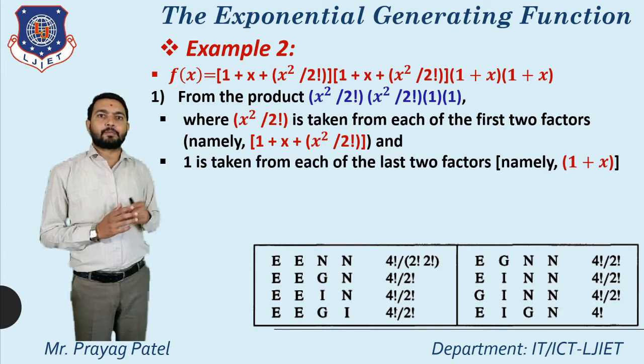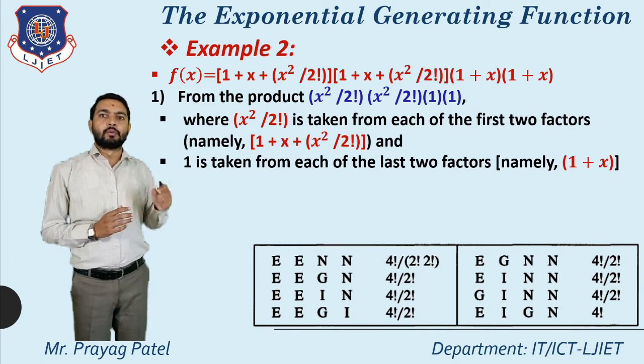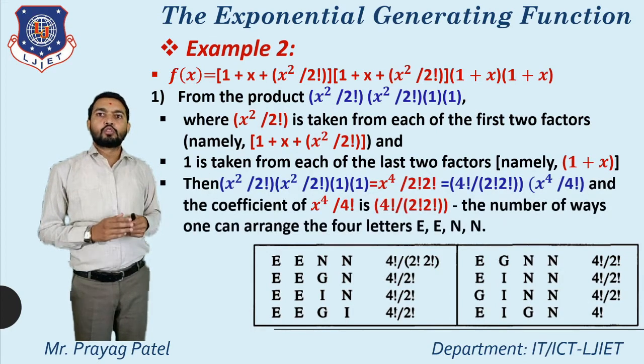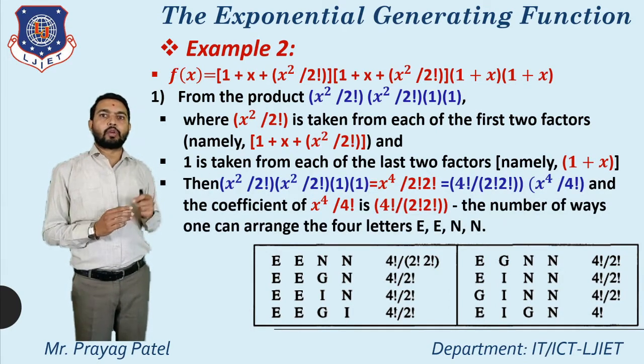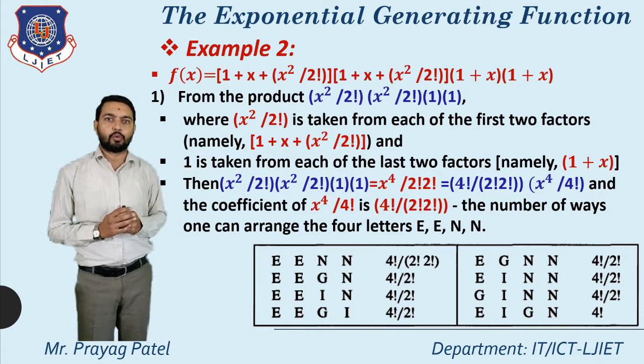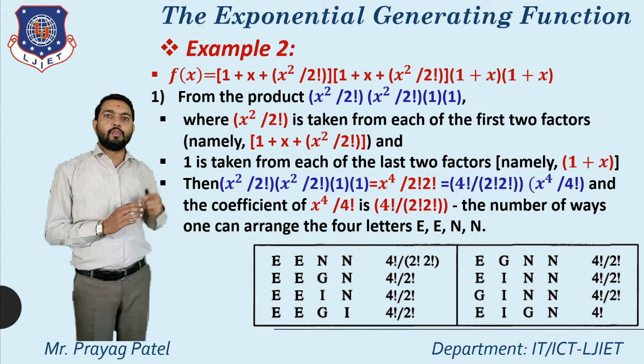From the 1 plus x we select the 1, and from the other 1 plus x once again we select the 1. So x square upon 2 factorial into x square upon 2 factorial into 1 is equal to x raised to 4 divided by 2 factorial into 2 factorial.